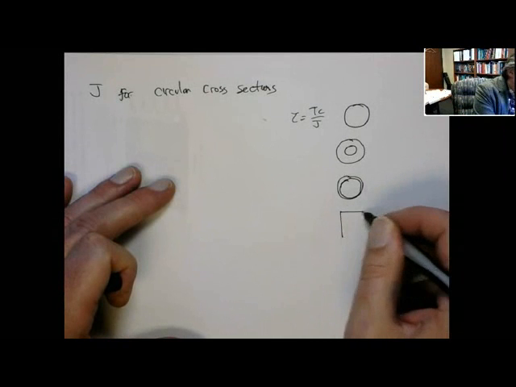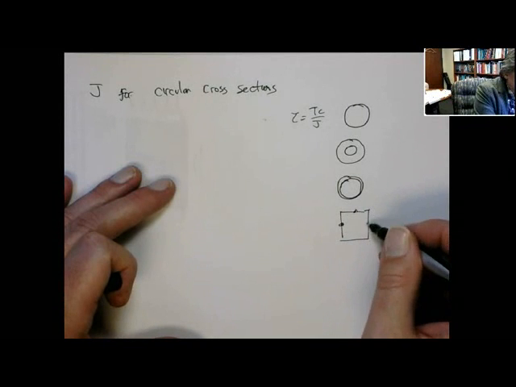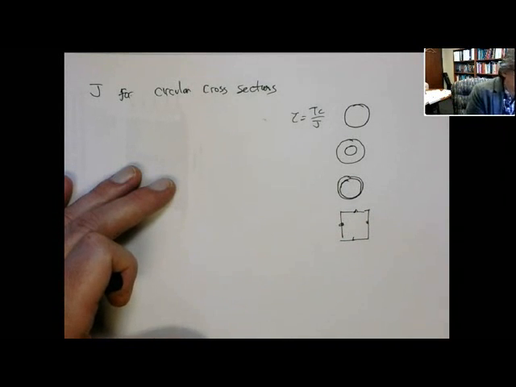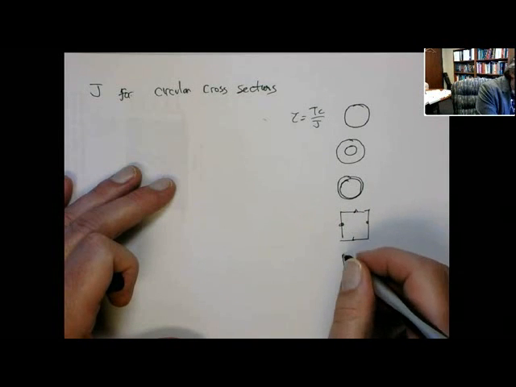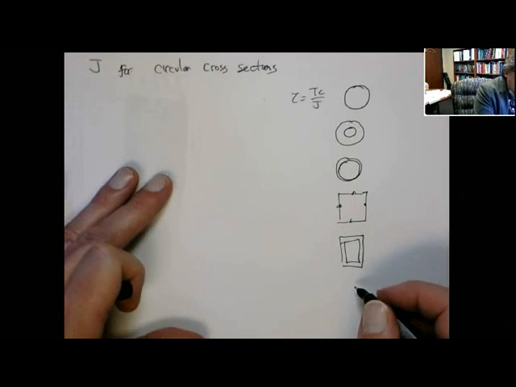You can use it for square and rectangular cross sections, but it starts to break down a little bit. What you find is that the maximum shear stresses occur here, not in the corners. And then lastly, thin-wall closed sections vary quite a bit.